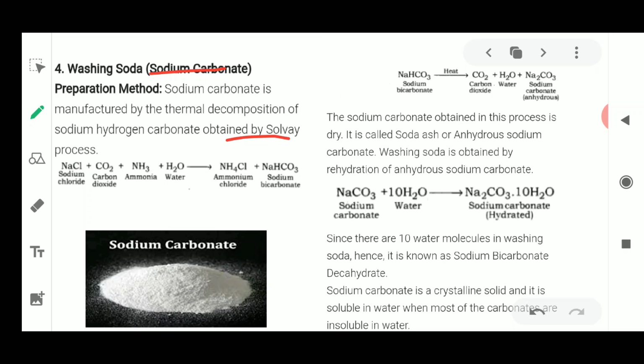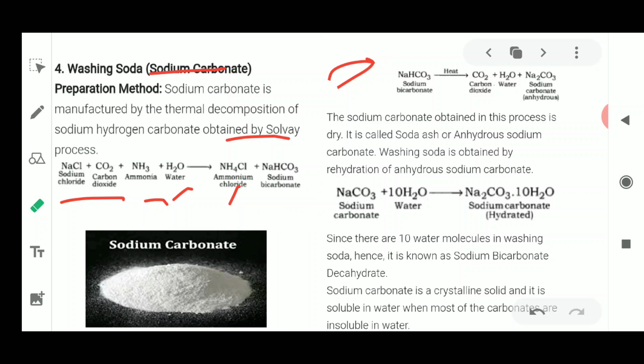In this, sodium chloride is added with carbon dioxide, ammonia and water to form ammonium chloride and sodium bicarbonate, NaHCO3. After this, NaHCO3 is heated and it forms sodium carbonate, which is the anhydrous form. This sodium carbonate is known as washing soda. The sodium hydrogen carbonate obtained in this process is dry in nature.